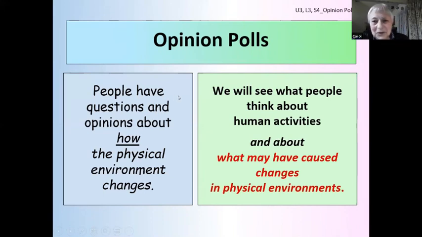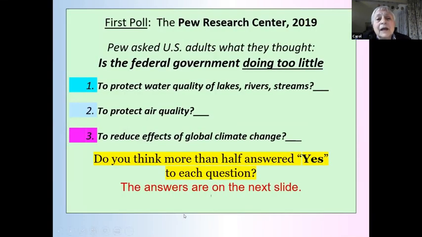When I read our local newspaper, MLive, MLive does not like to talk about climate change. Although it certainly recognizes that people have questions and opinions about how the physical environment changes. The newspaper, for example, is really cautious about talking about what people do to the environment, or could people have caused changes in physical environments?